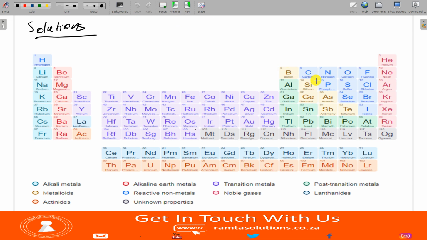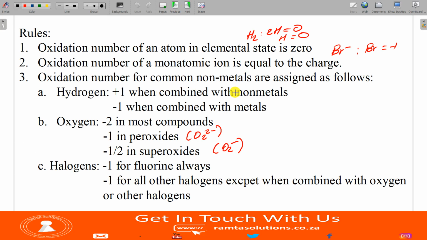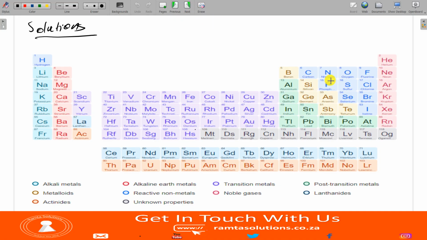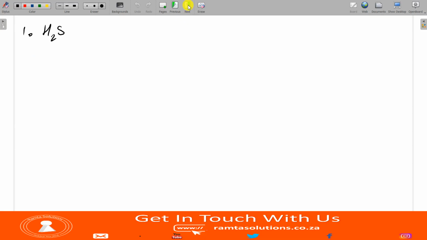And then what is this? Hydrogen. Let's look at the rules. Hydrogen, when combined with non-metals, will be +1.